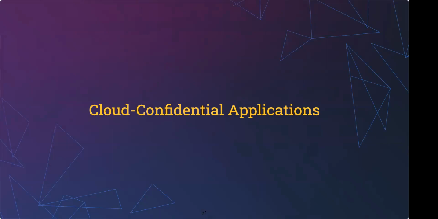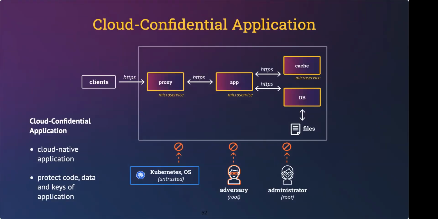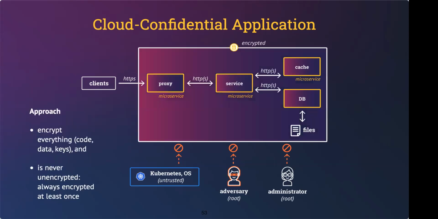And the focus of this lecture is on confidential cloud applications. So what you want to do is build your application for any of the deployments that we've seen, and make sure that an adversary that has root access cannot get to our application. The cloud or Kubernetes administrator, or any administrator, should not be able to get to our application. So we would like to have a box around our application.